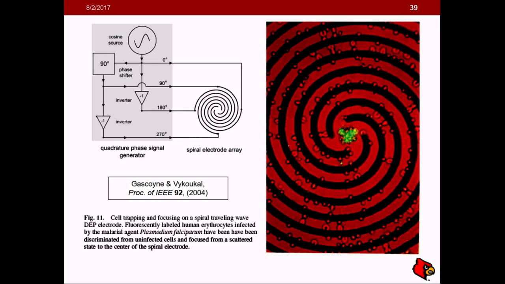The uninfected ones experience positive dielectrophoresis and are trapped. The infected ones experience negative dielectrophoresis, and not only are they repelled, but they're directed by the traveling wave system to be concentrated in the middle.